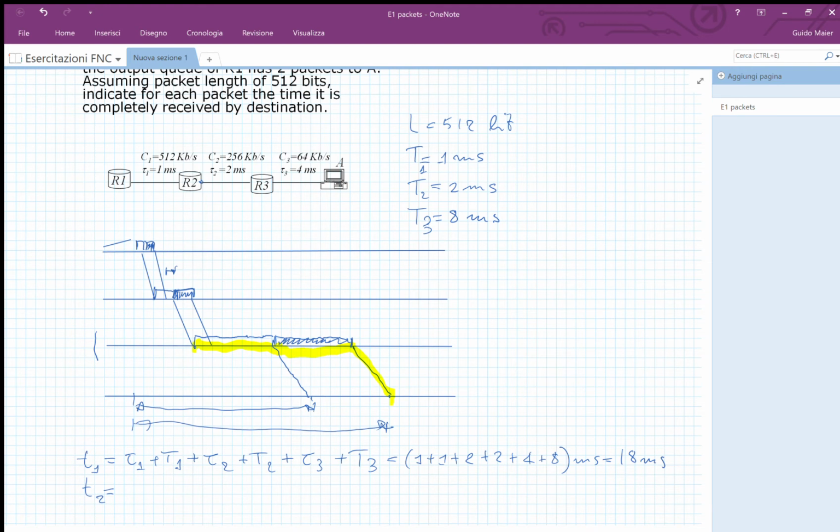Actually, in this case, there is a segment that is going up, but you are considering the first packet now. So what is relevant for the first packet is the segment that is going up. And you cannot go any further on the left side. So we can move up.